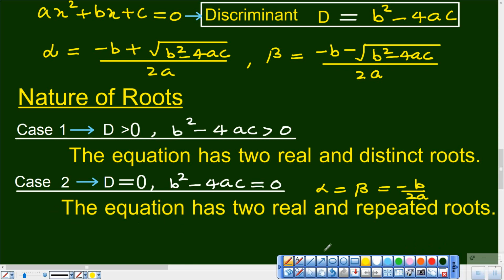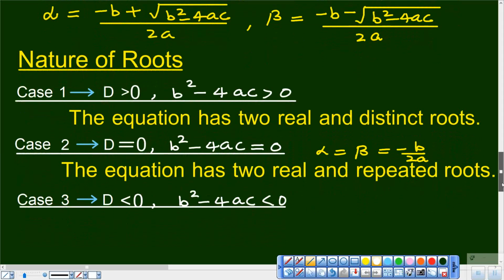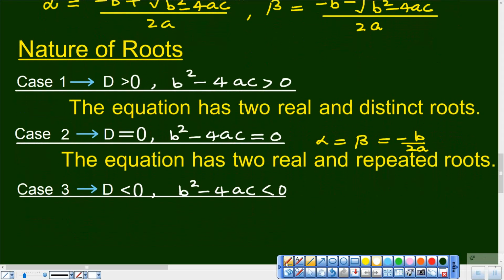Well, the third case is when my discriminant is less than 0, or b square minus 4ac is less than 0. In this case, you can see that I can modify my expression.